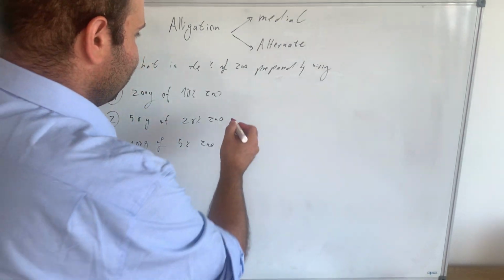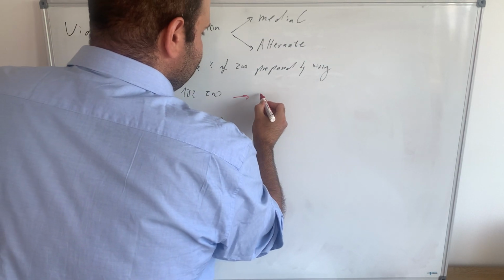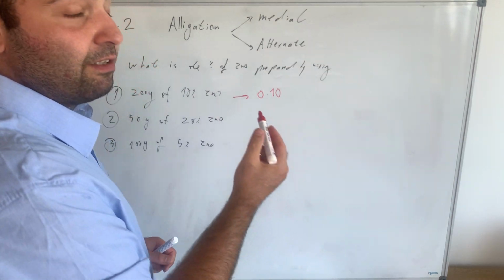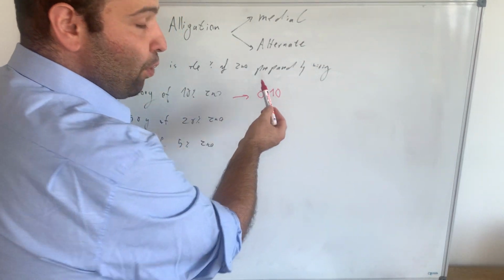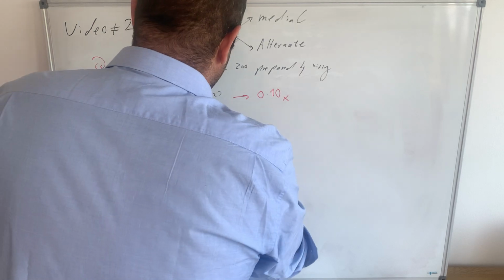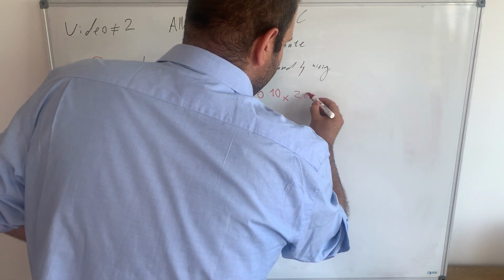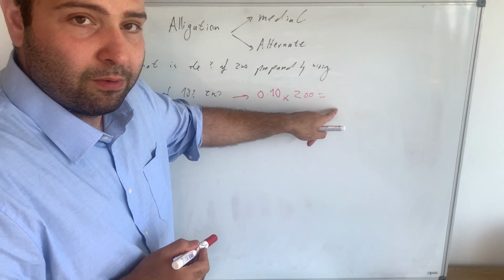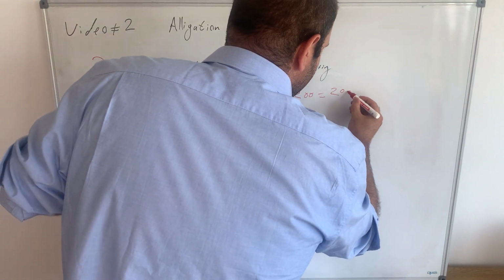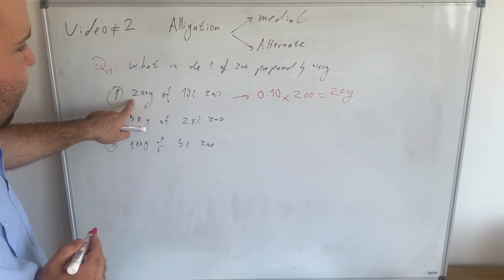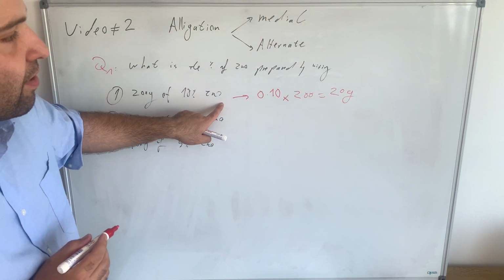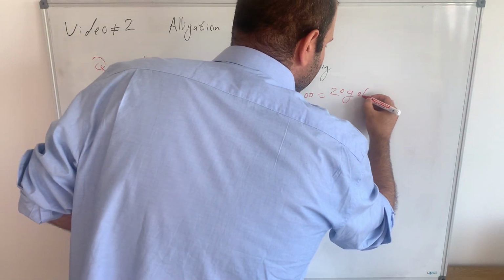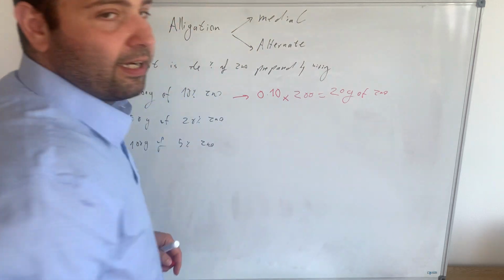So 2 times. So we do 10 divided by 100 is 0.10, multiplied by 200 gram. The answer would be 20 gram. It means in 200 gram of 10% zinc oxide, there is 20 gram of zinc oxide.